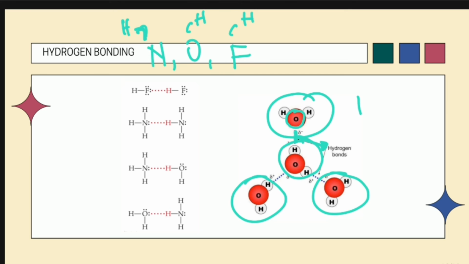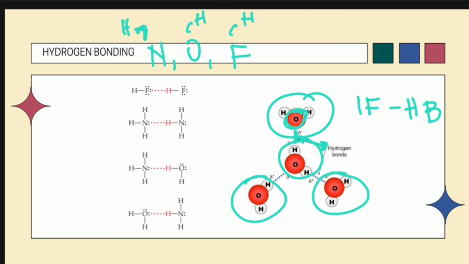So, kapag nag-connect-connect yung mga molecules na yan, meron kang intermolecular force. Pero, since we have here a bond between an oxygen and H atom of another molecule, specifically, the intermolecular force acting on this molecule is the hydrogen bonding.